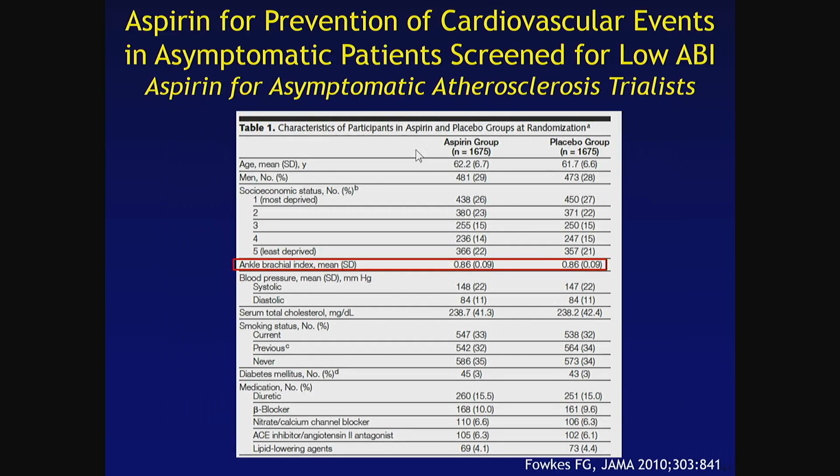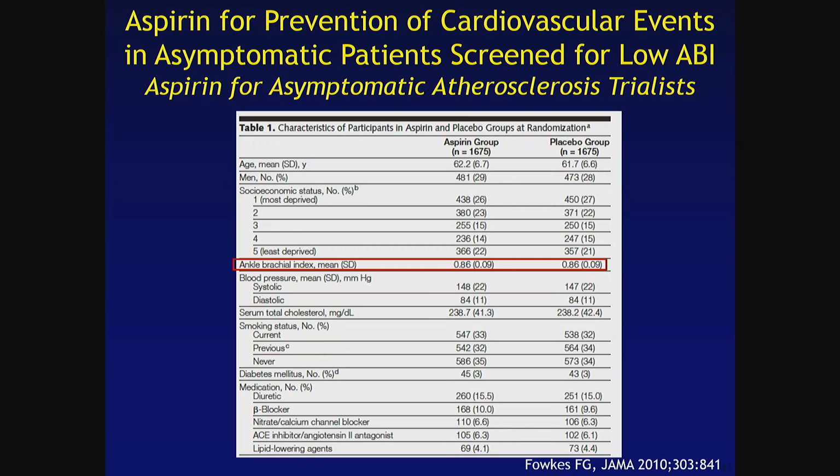Now, one of the major criticisms of this study is that these patients had a nearly normal ankle brachial index, keeping in mind that the abnormal value is 0.9. The mean value here was 0.86 in the aspirin group and 0.86 in the placebo group, with a standard deviation suggesting that these were all patients with nearly normal ankle brachial indices who had a very mild, if any, peripheral artery disease.